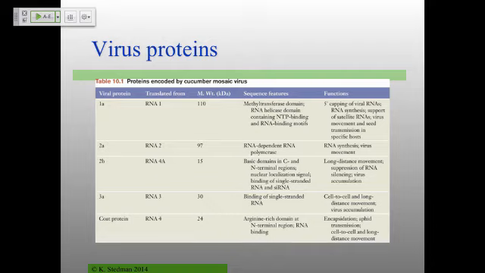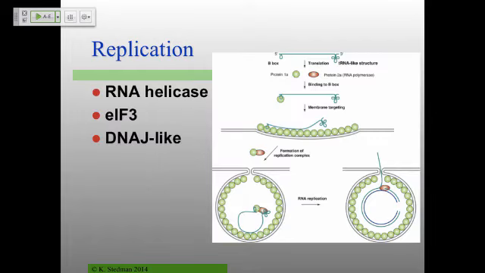But before that, you need to replicate your genome. How does that work? Again, these are the viral encoded proteins. Turns out that the capping enzyme is also part of the RNA-dependent RNA polymerase. If you just look at the top here, that would be one of those stereotypical RNA genomes. They have structures at the 5' end that I haven't talked about yet. These are actually downstream of those cap structures, almost always a stem loop structure.